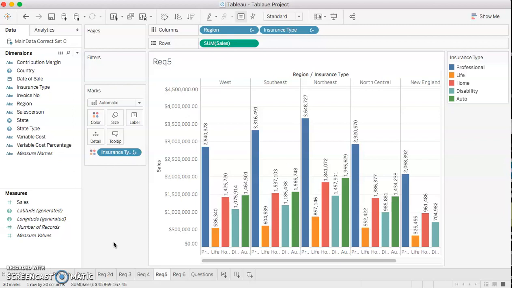One of the trends I noticed is that the region honestly doesn't really matter for the amount of sales, because professional is always going to be highest, followed by auto, followed by home, followed by disability, then life insurance. This is a trend you can see across all the regions, and although some regions have higher spending in each of the categories, they still follow that mainstream pattern, with professional being the highest and life insurance being the lowest.